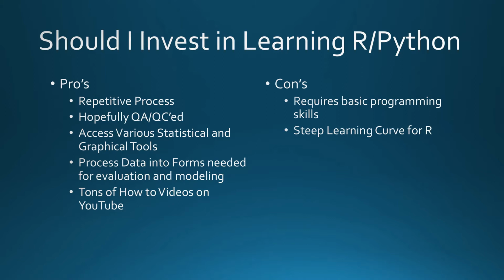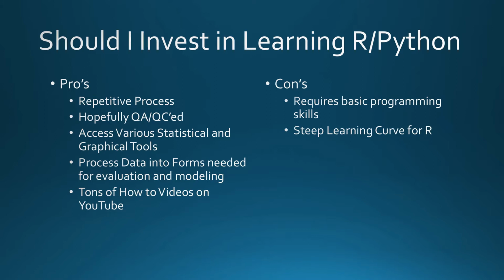Okay, so should you invest in learning R or Python? The pros we just talked about. If you've got a repetitive process, it's going to save you time. Once this process or scripting has been QA/QC'd, it's reliable and it can be used going forward. These scripting languages have access to various statistical and graphical tools that, if you were trying to write yourself or program even into something like Excel, could take a good bit of time.